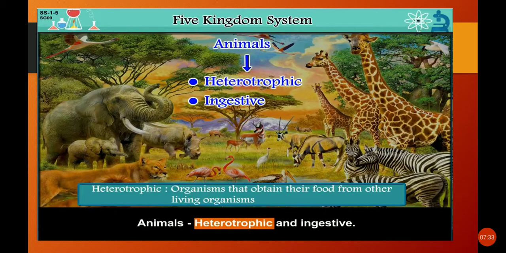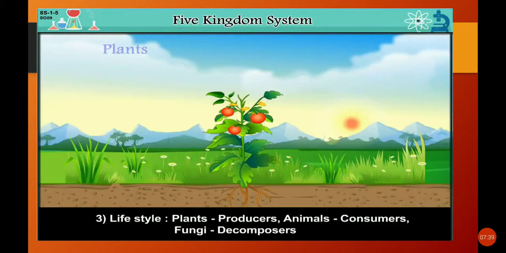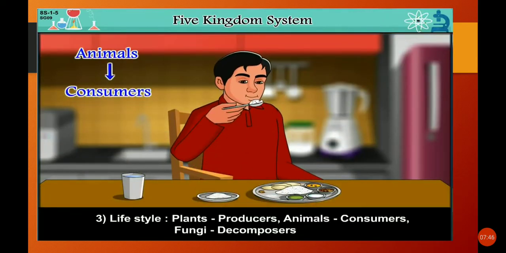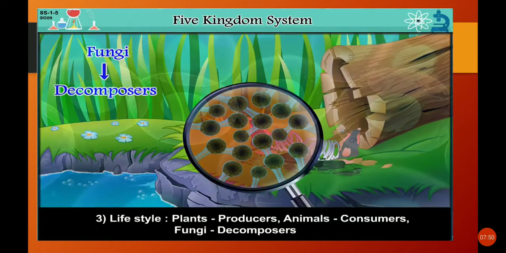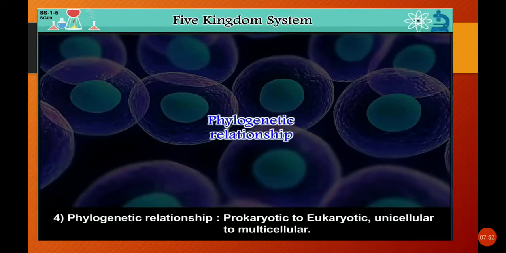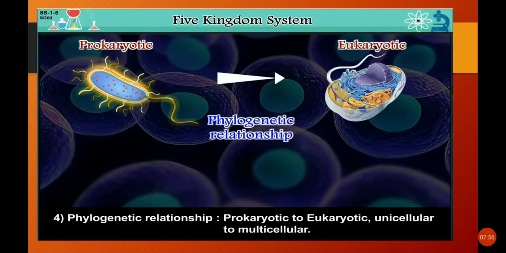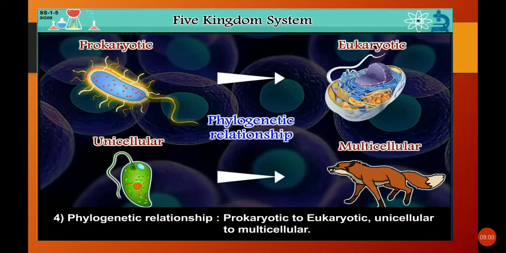Heterotrophic organisms obtain their food from other living organisms. 4. Lifestyle: plants are producers, animals are consumers, fungi are decomposers. 5. Phylogenetic relationship: prokaryotic to eukaryotic, unicellular to multicellular.